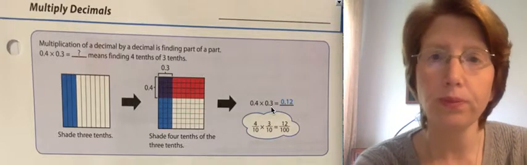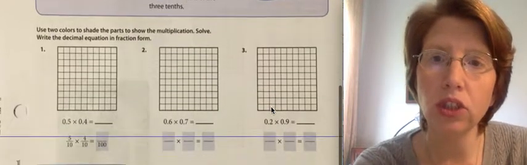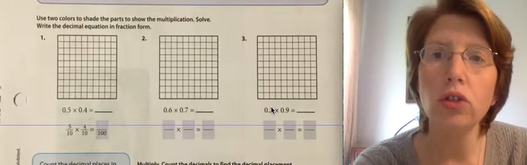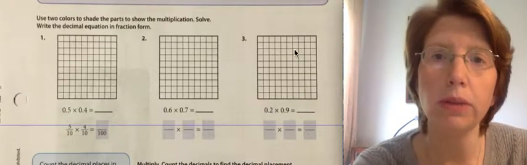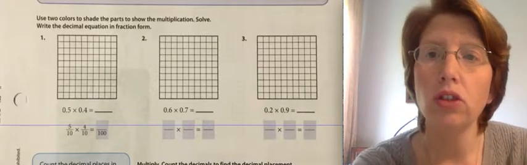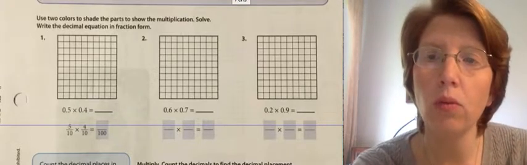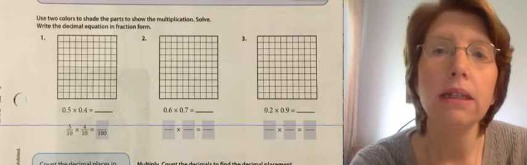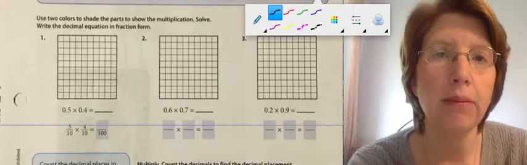Okay? Now, let's look at the grids that they give us here, 1, 2, and 3. Use 2 colors to shade the parts to show the multiplication. Solve with write the decimal equation in fraction form. Okay, so we have several parts to this, and I'm going to change my colors.